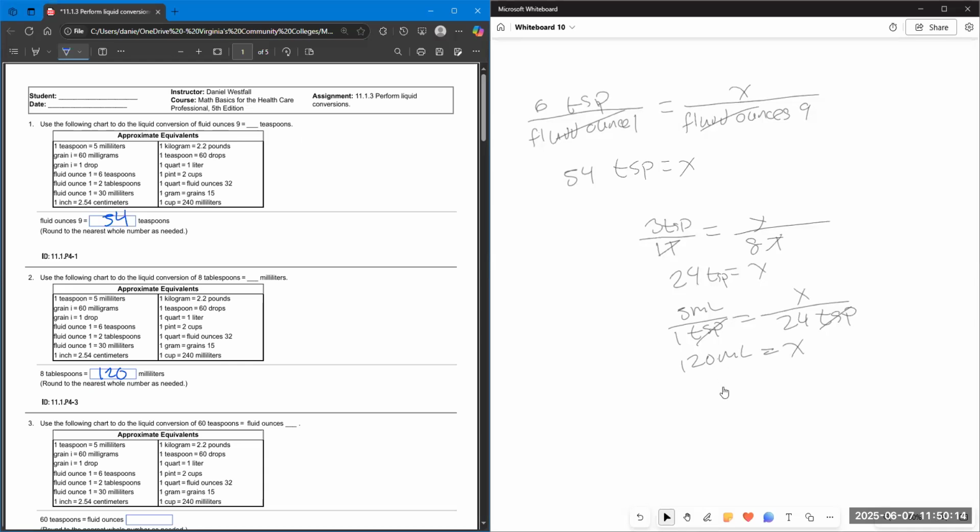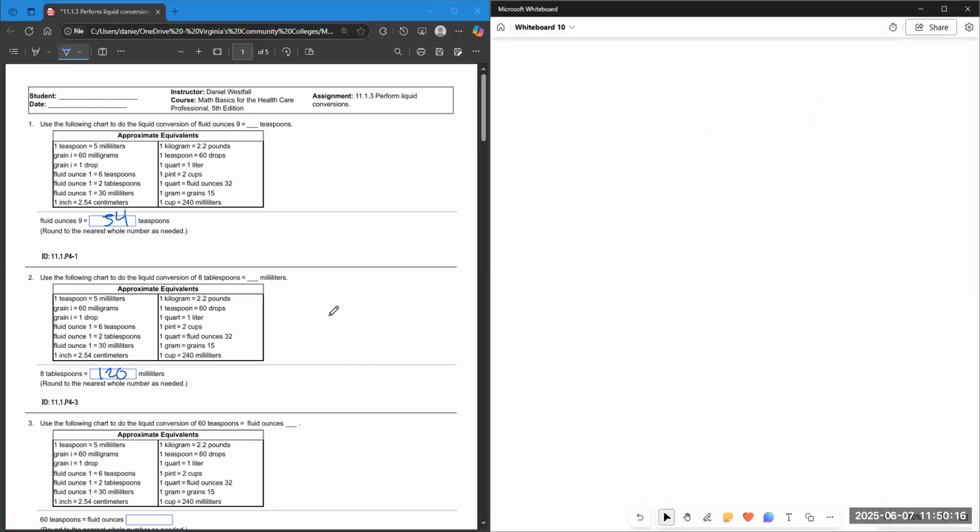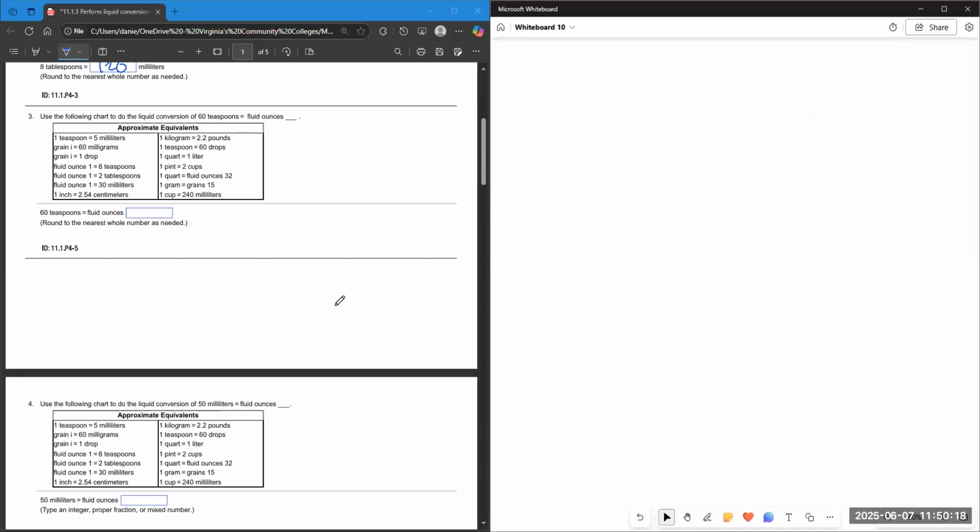All right. Now we have 60 teaspoons, and we want to go to fluid ounces. So 6 teaspoons is 1 fluid ounce.